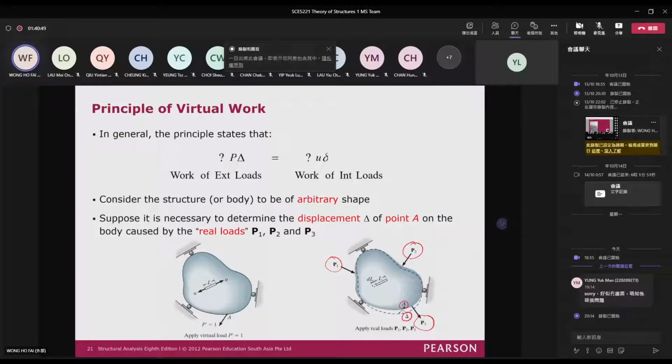When you apply the external load, there will also be some internal force inside your structure, and this will cause deformation of the structure, dl. So we have external displacement, which is delta, or we call that deformation.